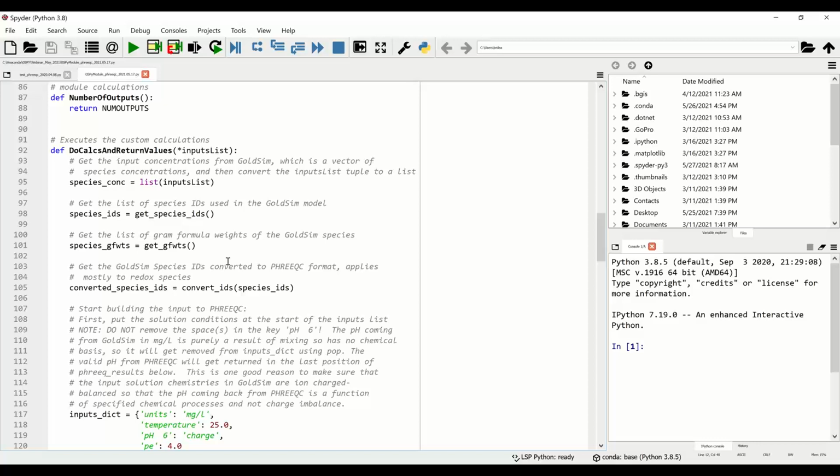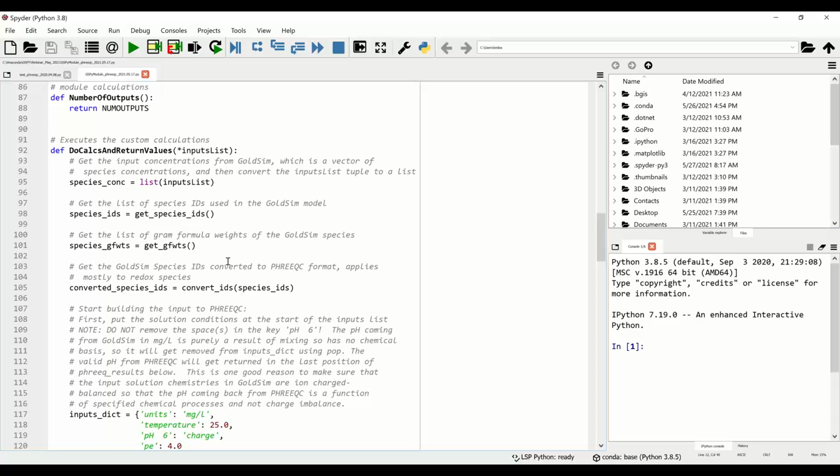But in fact, a lot of the code in this source code is resolving the names of these species IDs which are used in GoldSim compared to what's used in Phreeqc. In GoldSim, you can use things like underscores and parentheses.